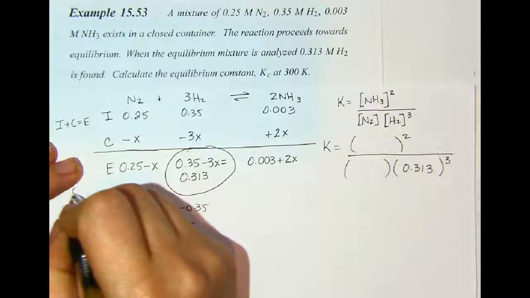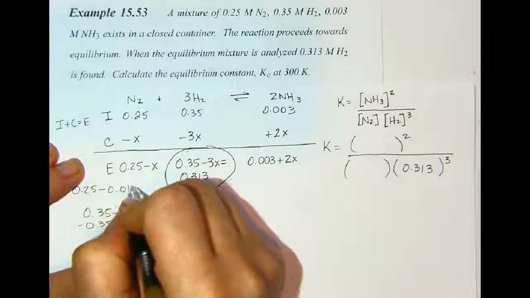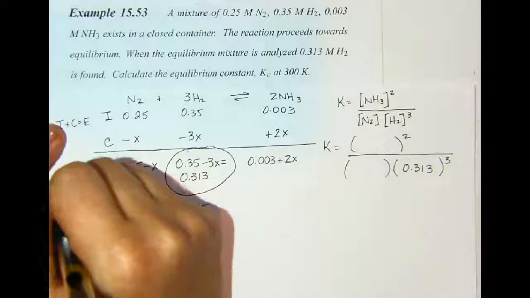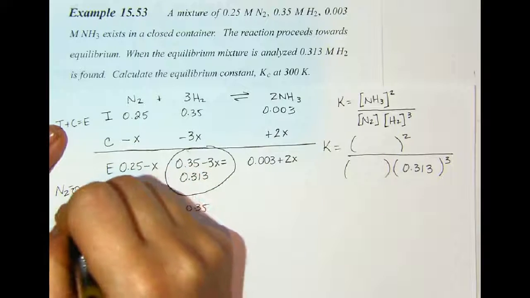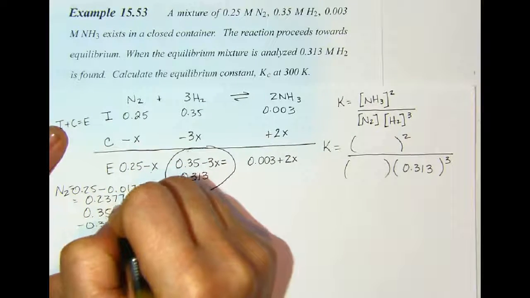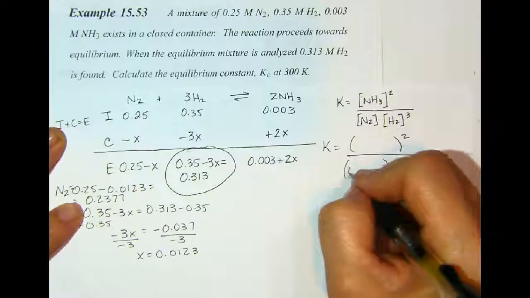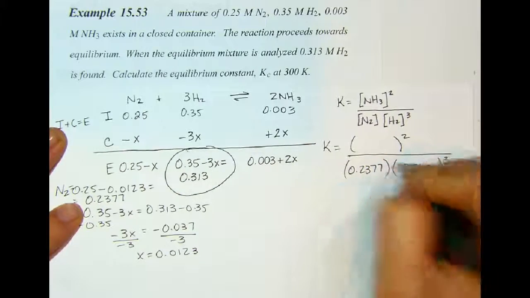So if I do 0.25 minus x being 0.0123, I get a concentration for nitrogen equal to 0.2377. So that is this concentration at equilibrium for nitrogen.